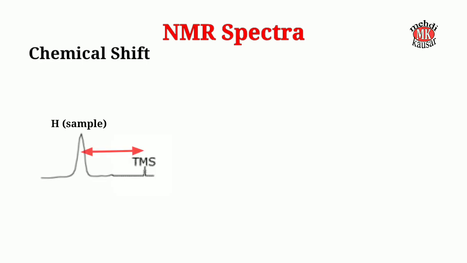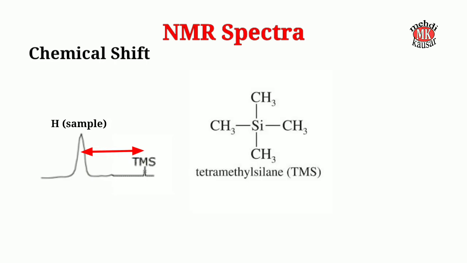The next term that we have to understand is chemical shift. The chemical shift is defined as the difference in absorption of a particular type of proton of a molecule with respect to the signal of a reference substance such as tetramethylsilane or TMS.